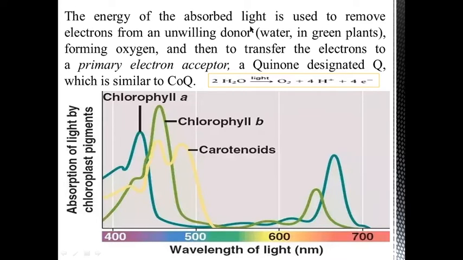The energy of the absorbed light is used to remove electrons from an unwilling donor, that means water in green plants, forming oxygen, and then to transfer the electrons to a primary electron acceptor, a quinone designated Q, which is similar to coenzyme Q. Now students, after absorption of the specific wavelength of light, the absorbed light is transferred by the antenna complex towards the core complex.